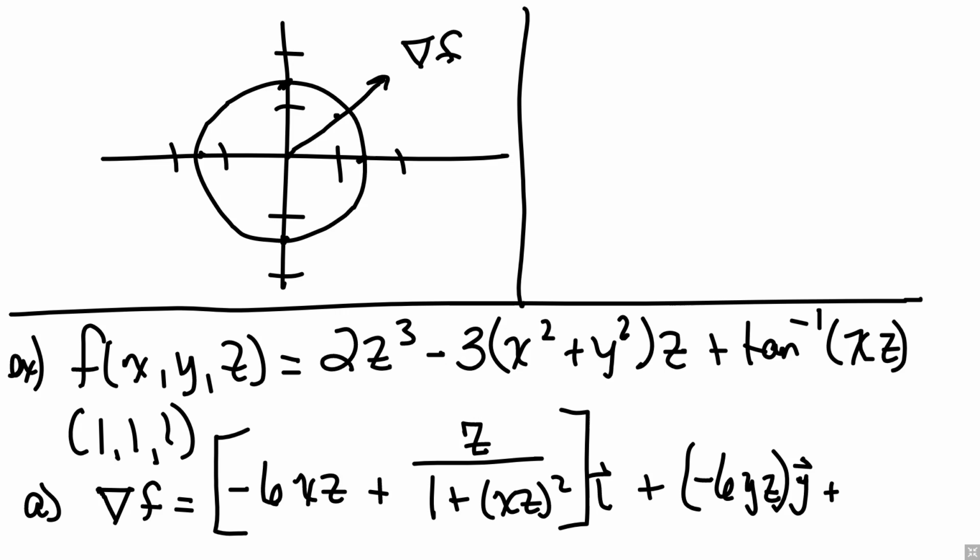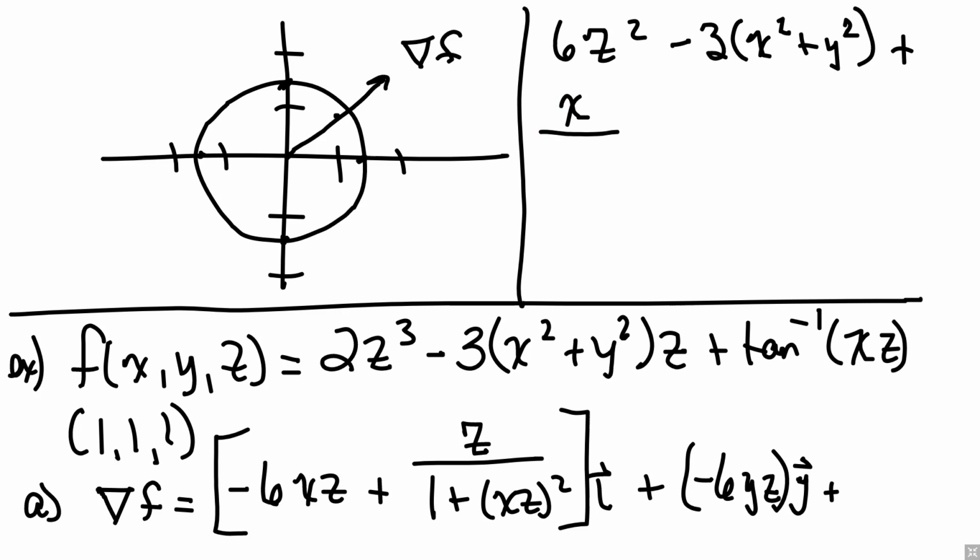It will be 6z squared, negative 3x squared, negative 3y squared, plus x over 1 plus xz squared, and this would be in the k direction.